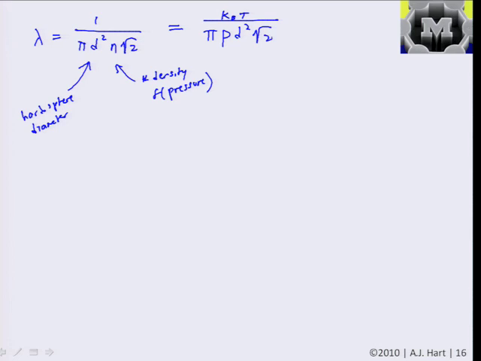So if we knew the pressure, the temperature, and our hard sphere diameter, since Boltzmann's constant is always the same, this would let us calculate the mean free path under these conditions for this dilute gas, which is good for the gases we're going to consider. And as we would expect, with increasing temperature at the same pressure, the gas is going to expand.